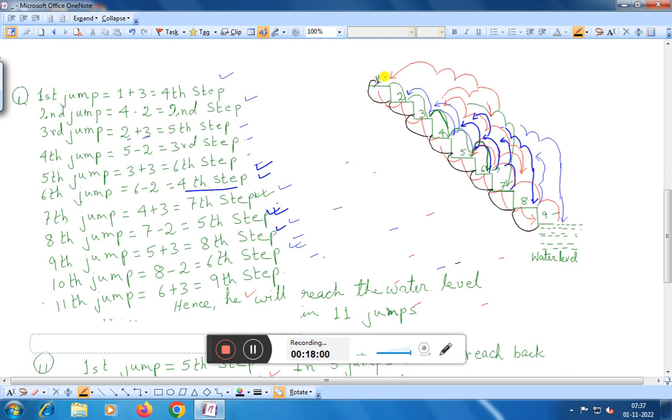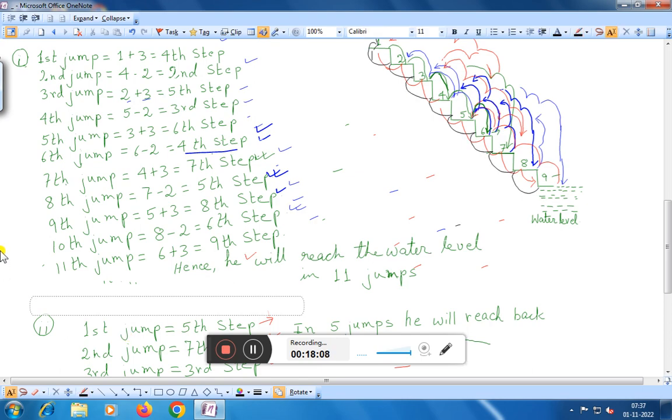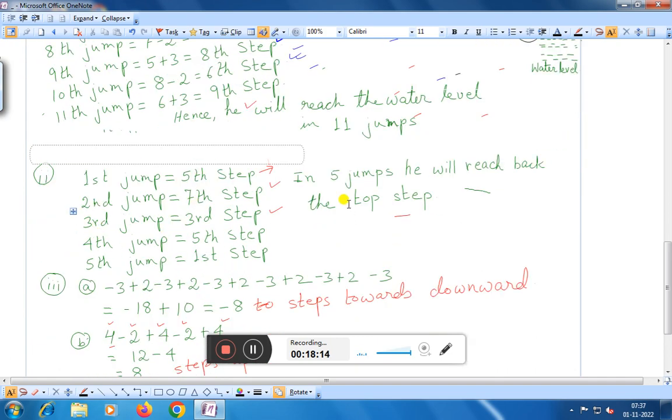Plus 8 steps means the topmost level, right? Therefore you can say that in case 1 he will reach the water level in 11 jumps. In case number 2, in 5 jumps he will reach back the top step.